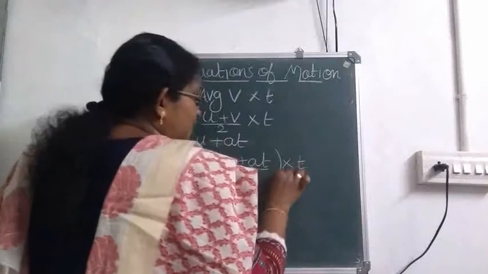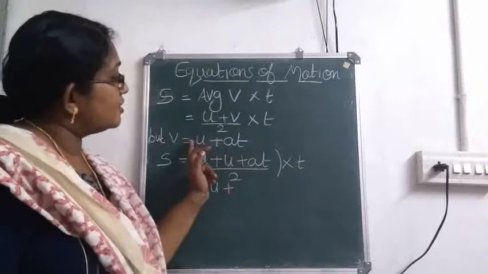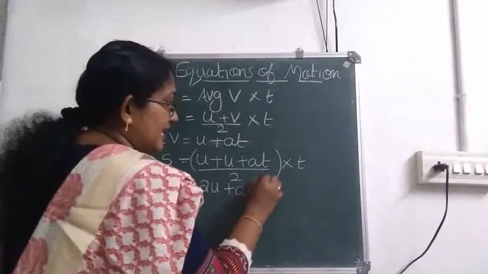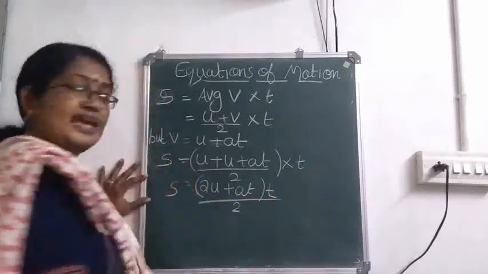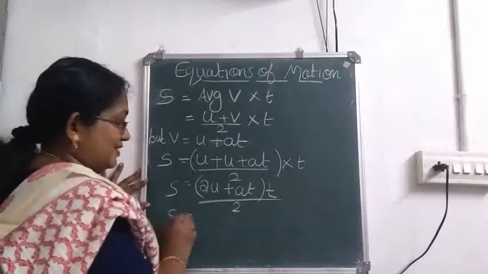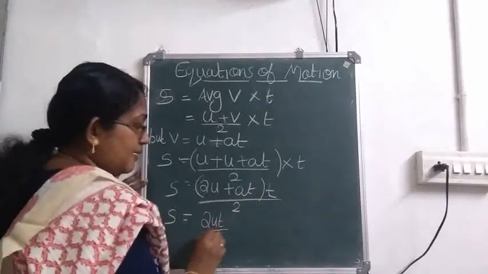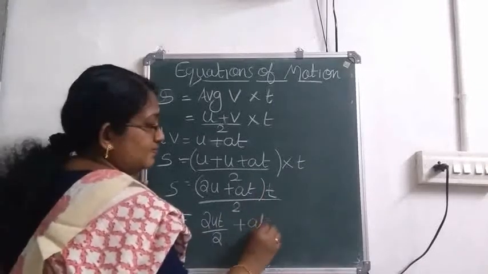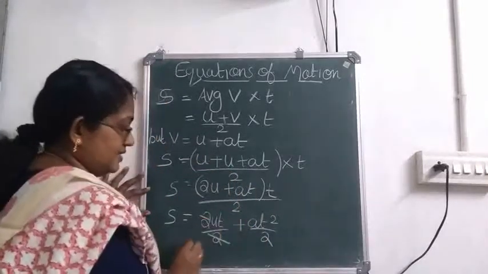It's better to put a bracket here, else it will go wrong. Okay, this T is common for this entire term. So (2U plus AT) into T divided by 2 is S. Okay, so this is equal to, now I am going to separate this. 2UT by 2 plus AT square by 2. 2 and 2 get cancelled.